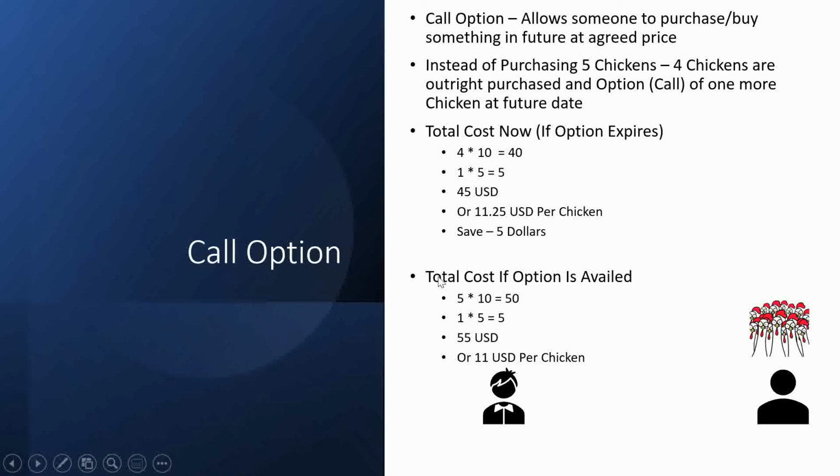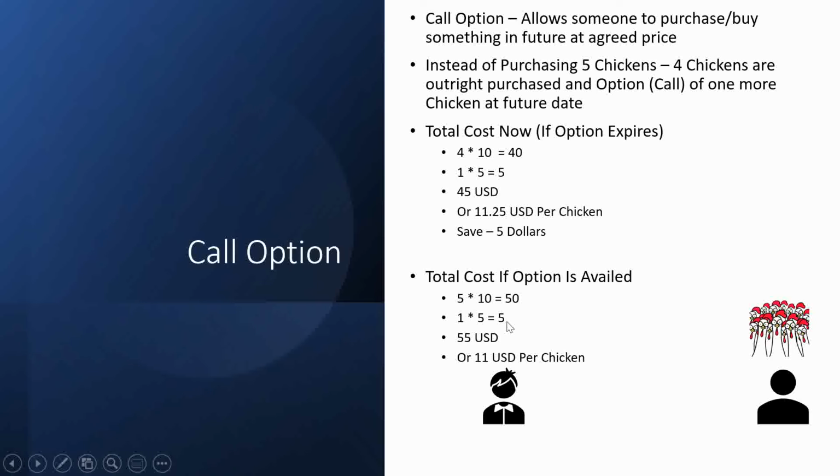Now in that case, when I avail that option, I have 5 chickens altogether, so 4 which were purchased in advance and the 5th on the day of Christmas or day before Christmas. So $50 for 5 chickens, plus $5 for the option, or IOU, that Mr. Larry had to reserve a chicken for me.